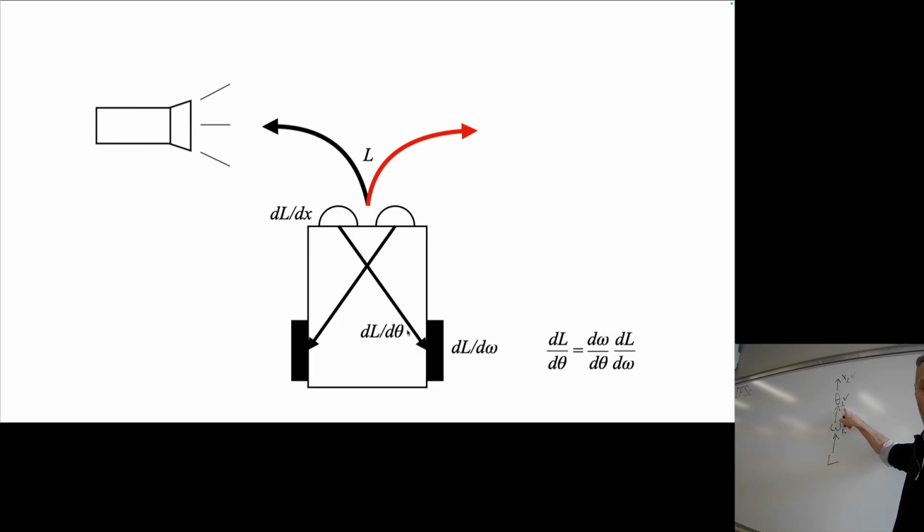I'll put it on the left-hand side because it connects to the left sensor. And we've talked about the horizontal position of the left sensor. What about theta? What about omega over here? We also have to think about this omega, the speed of this wheel. We have to think about this theta, the strength of this synapse, and we also have to think about x, the horizontal position of this sensor as well.